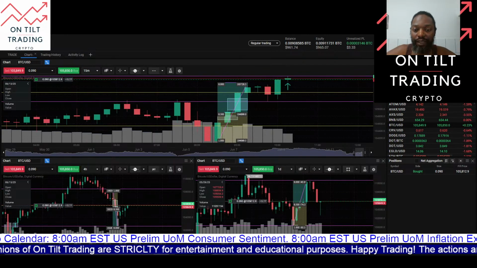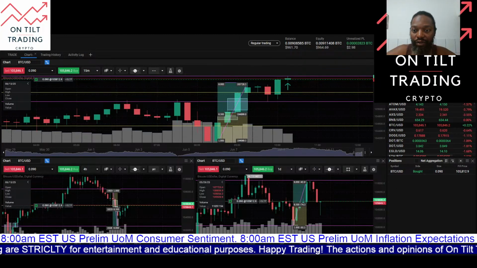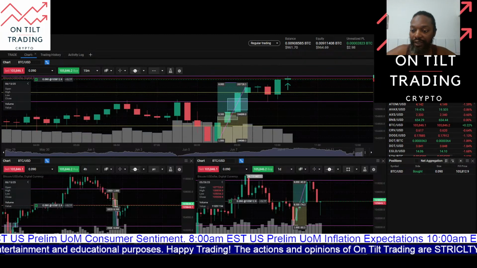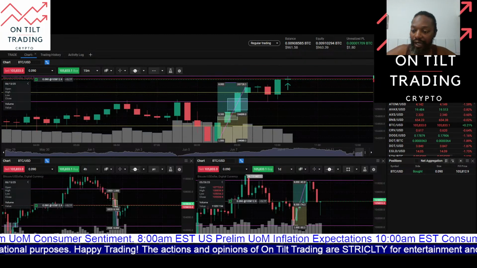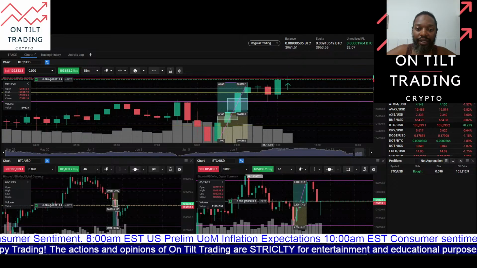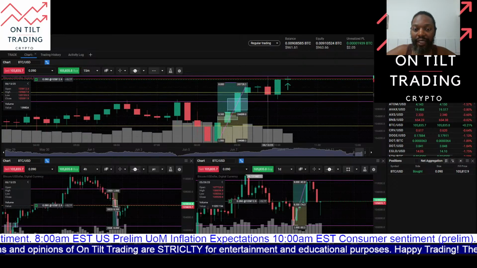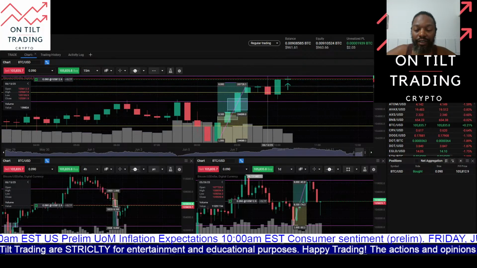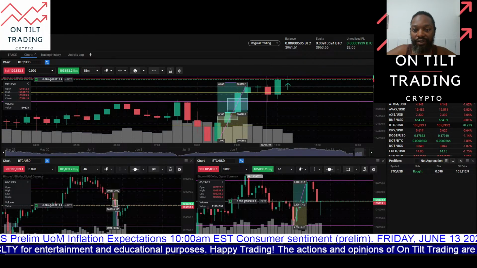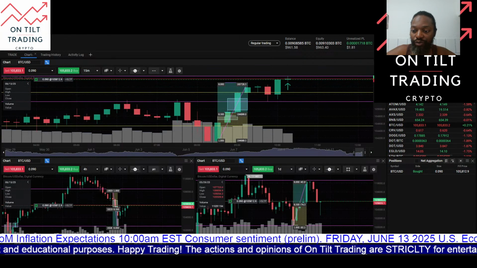I'm looking for it to close in the opposite direction of the trade. Since this is a sell candle, a red candle, it's closing in the opposite direction of the trade, so that meets trade criteria number 2.